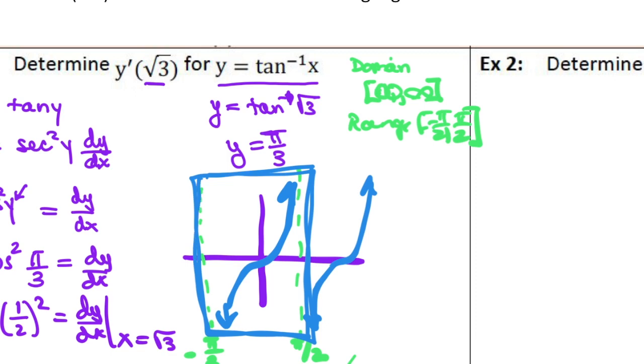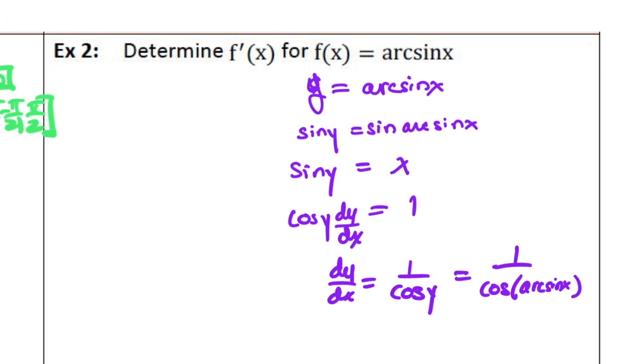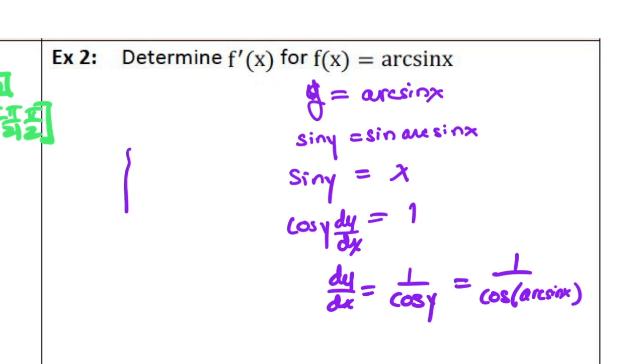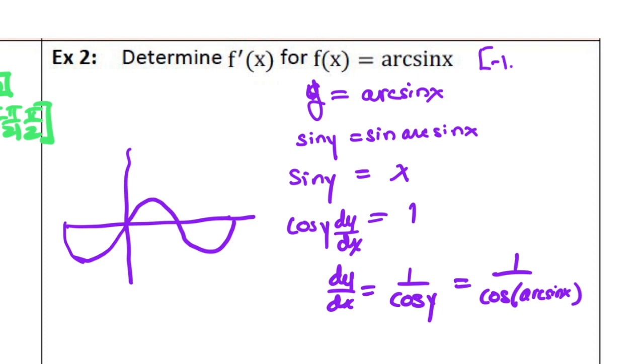If we put this restriction on the range, then we are allowed to find the inverse derivatives. As we think about this arc sine, let's consider the sine function again. The sine function starts at 0, starts repeating, the period is 2 pi. What we're going to do for the arc sine is something similar. We want the domain of the arc sine to go from -1 to 1, and in order to get all the values between -1 and 1, we can go from negative pi over 2 to pi over 2.